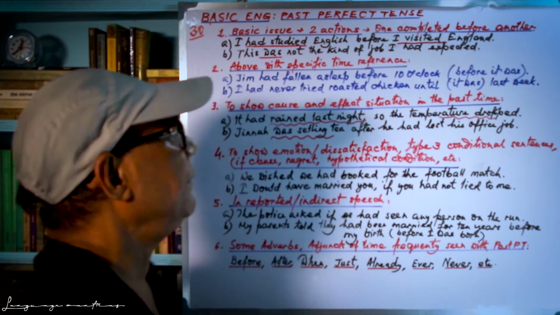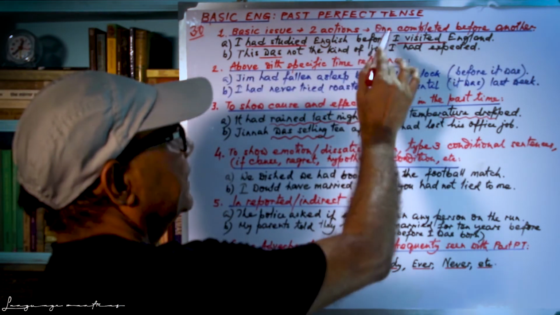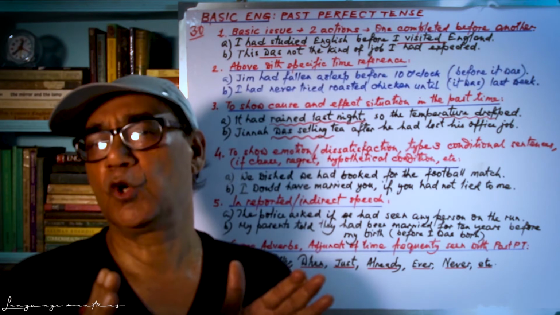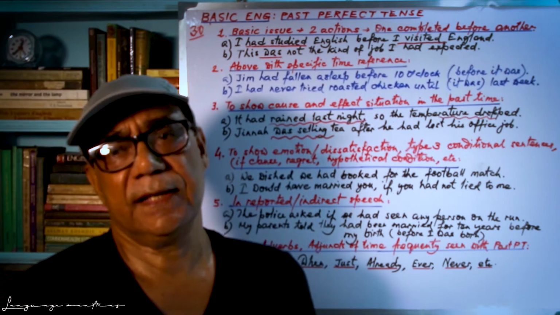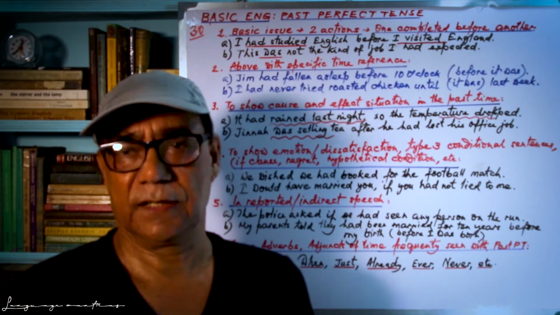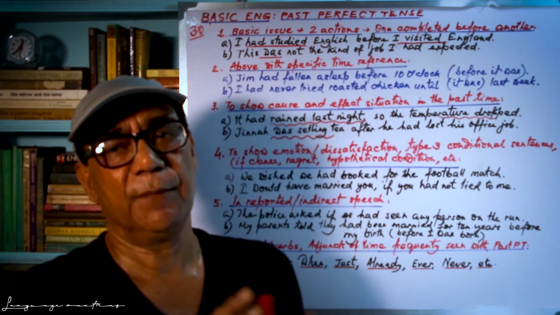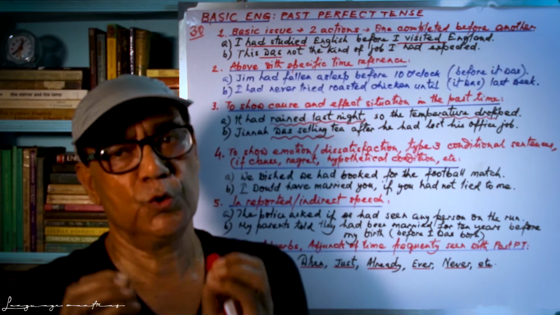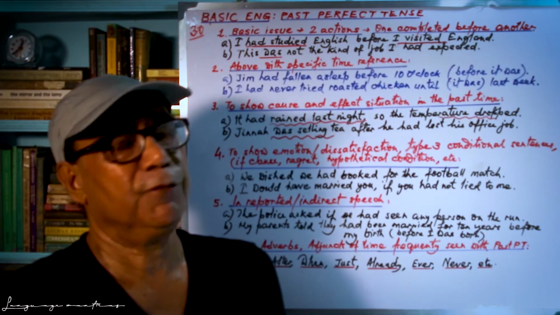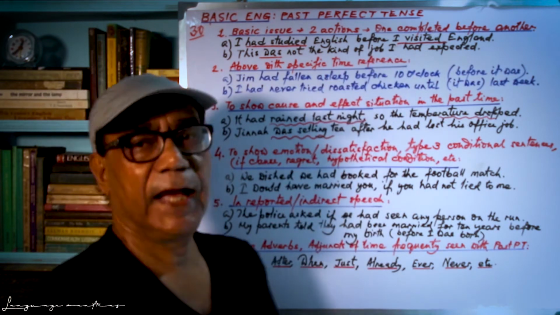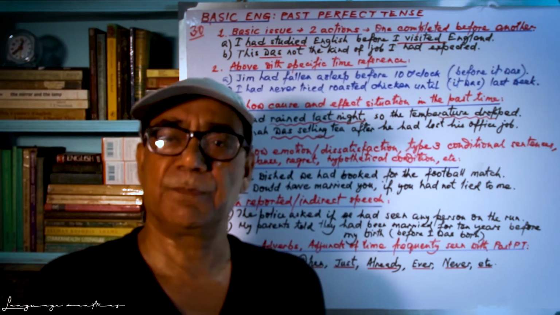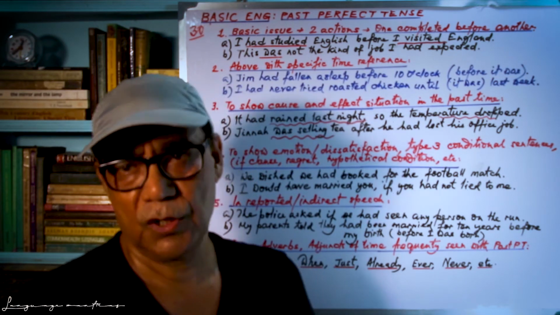One thing one should remember here, we have before here. Before is joining these two clauses together. And there is a standard theory to use past perfect tense before and after. That means you should use past perfect tense before this before. And if you use after, past perfect tense naturally will go after.